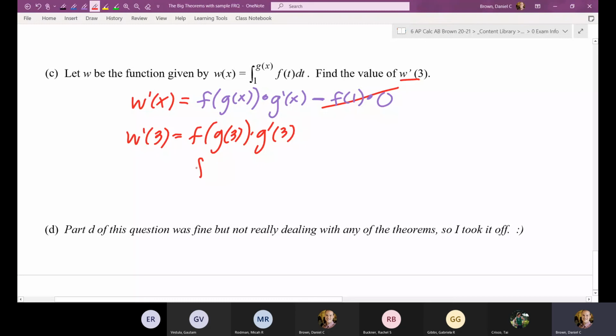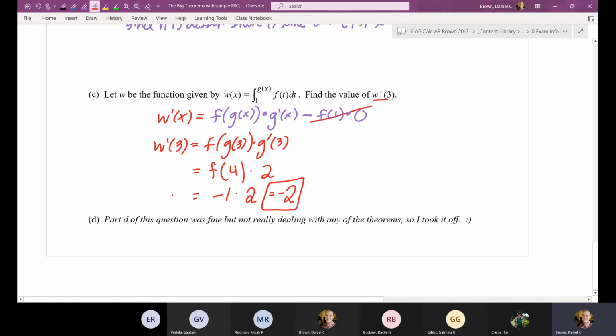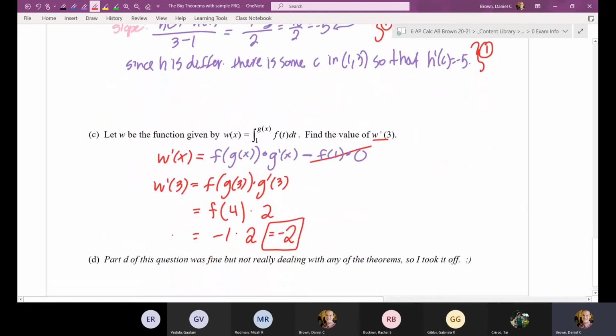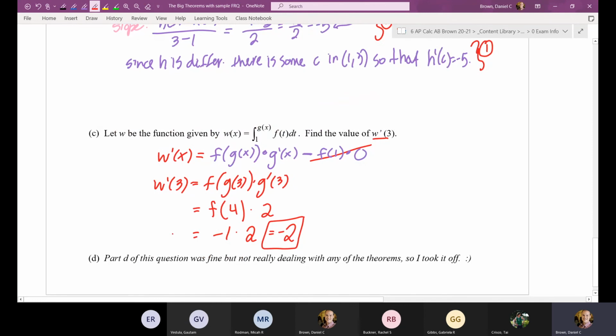So we have f of 4 times g prime of 3, which was 2. And then we have f of 4, which was negative 1, times 2. And again, that came from the table. I just haven't memorized it. But negative 1 times 2. So we can see that W prime of 3 is equal to negative 2.